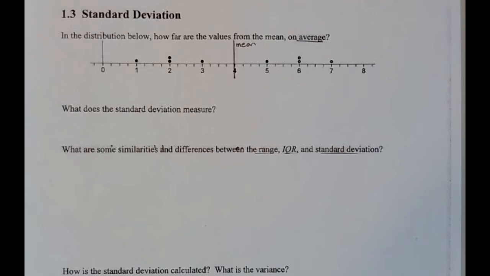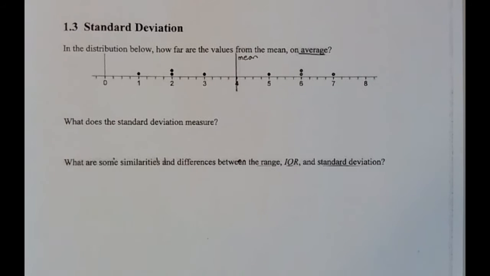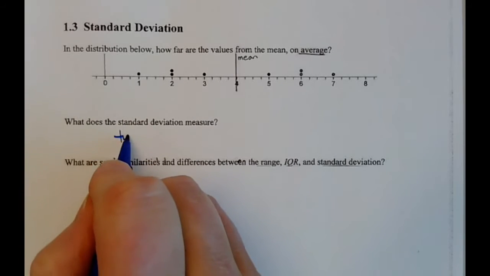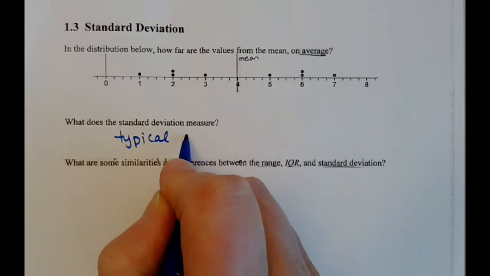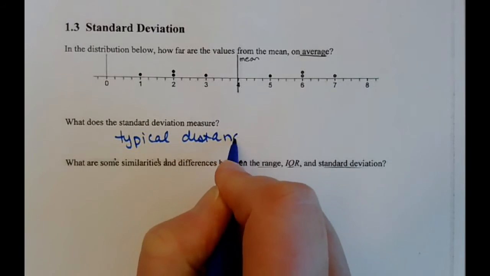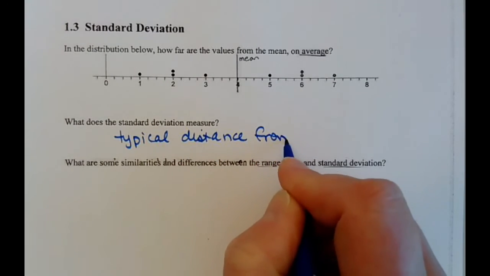Now we're going to look at standard deviation, and I'm going to show you how to do this on the calculator. We're not going to worry about the formula. We're going to do it a little bit, but not a whole lot. Your standard deviation is the typical distance from the mean.